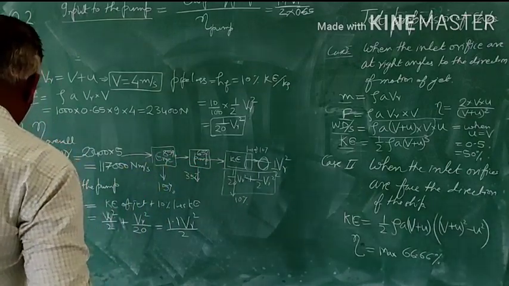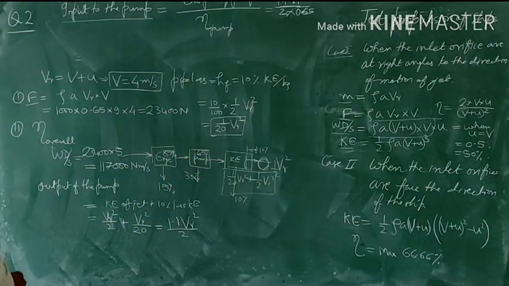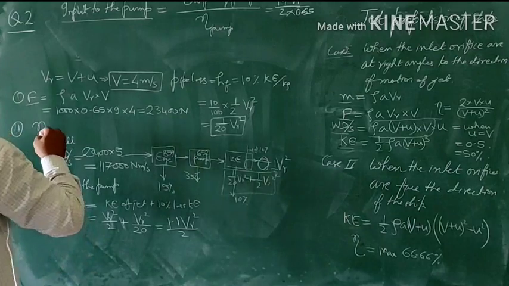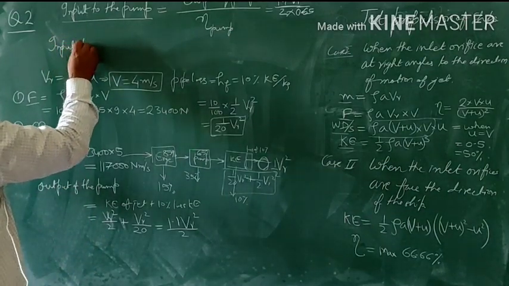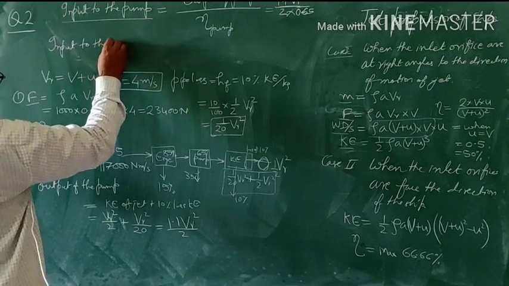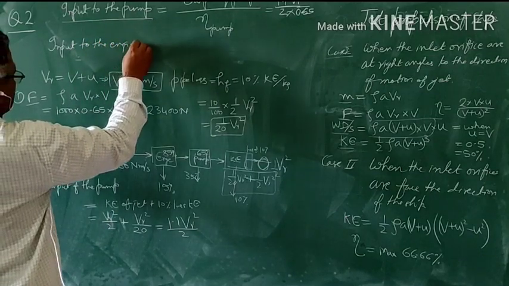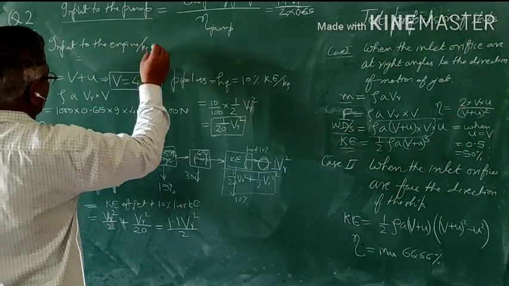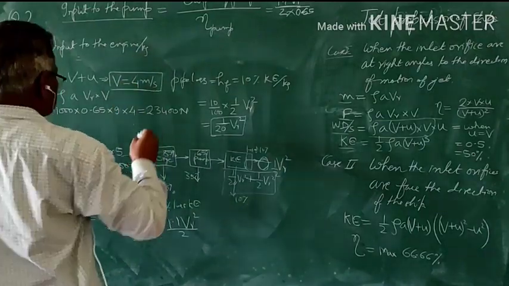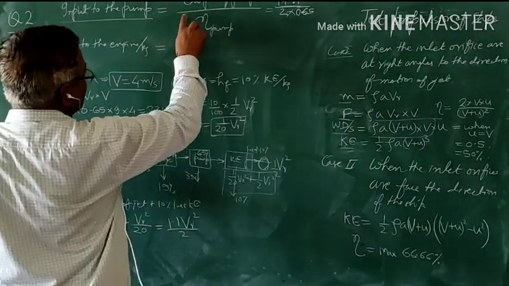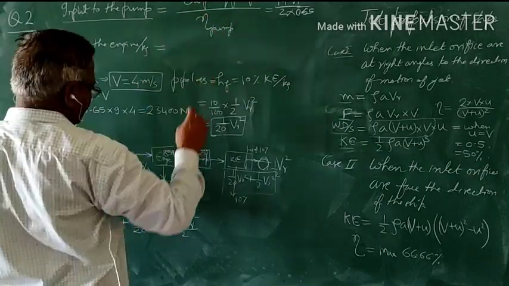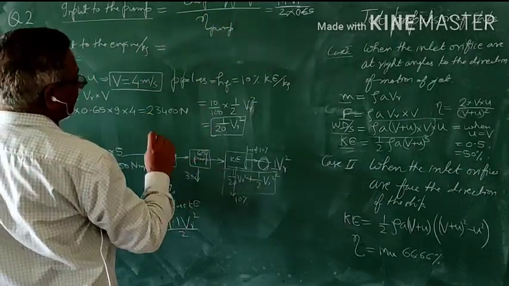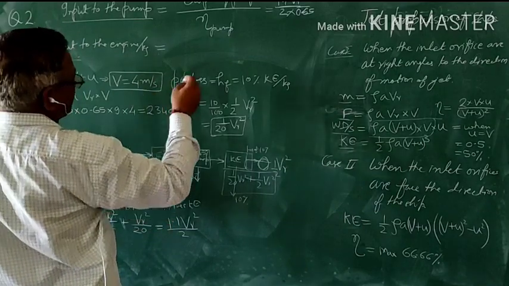Okay, now to find out the input to the engine per kg of water, input to the engine per kg of water will be equal to the output of the engine. So this input to the pump will be the output of the engine.